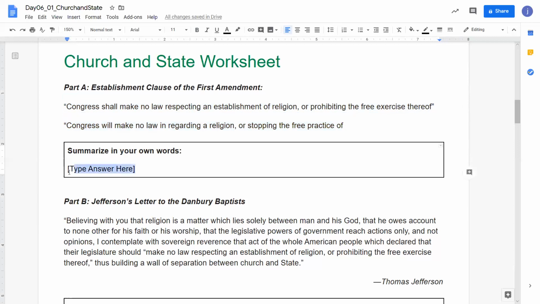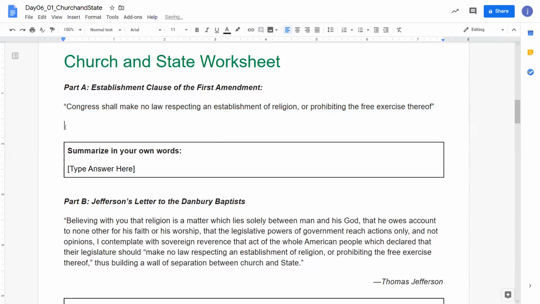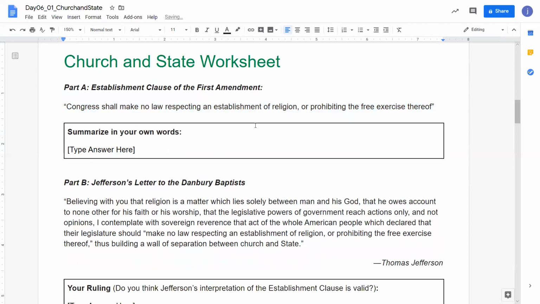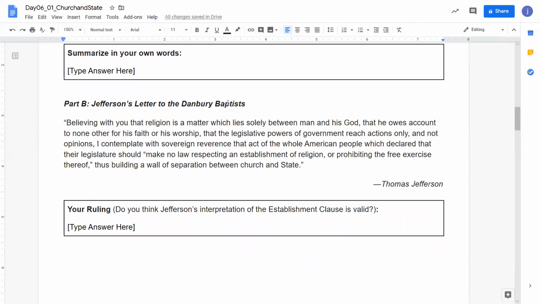So here in this box, you're going to type your own interpretation, your own summary of the Establishment Clause of the First Amendment. And Part B here. Part B is Jefferson's letter to the Danbury Baptists. This requires a little bit of background information.